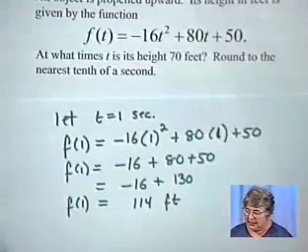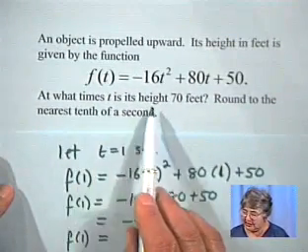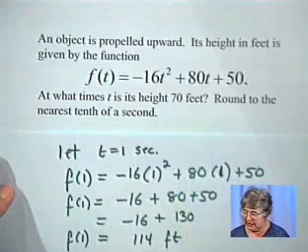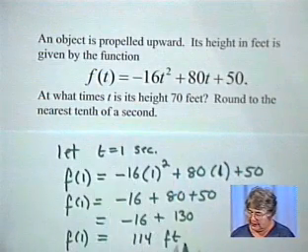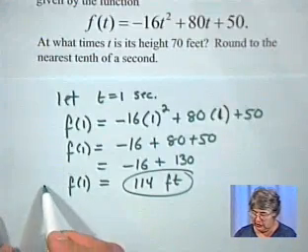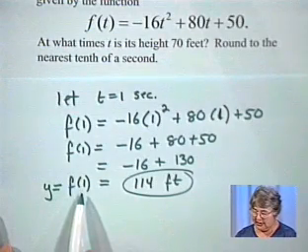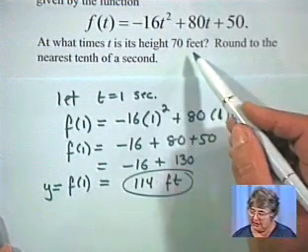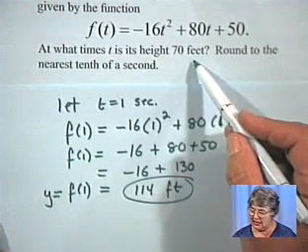Okay? Now, in this case, the particular problem asks us, at what times t is the height 70 feet? Well, notice that here, we calculated the y value when t was equal to 1. So if we have the height being 70 feet, that means that the y value is 70.